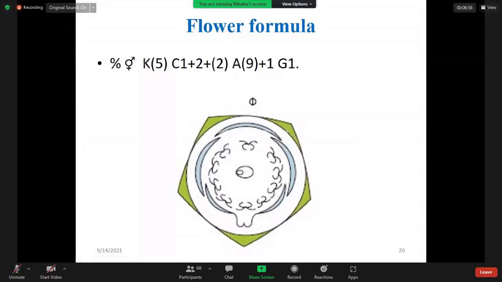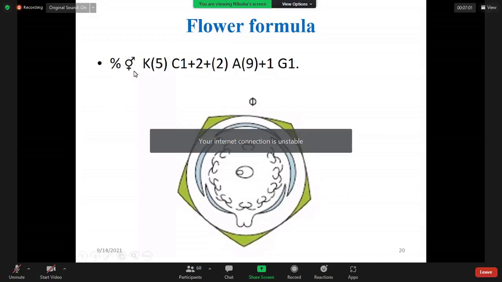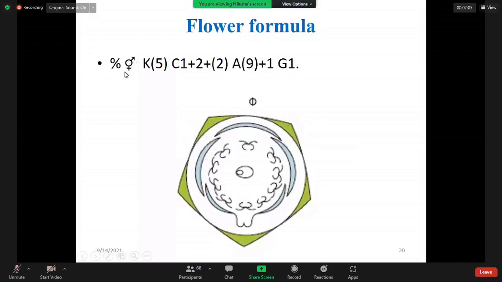Female and male parts are both within one flower, so we call that flower bisexual, so this symbol comes.